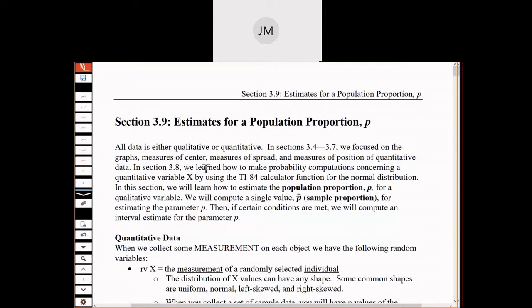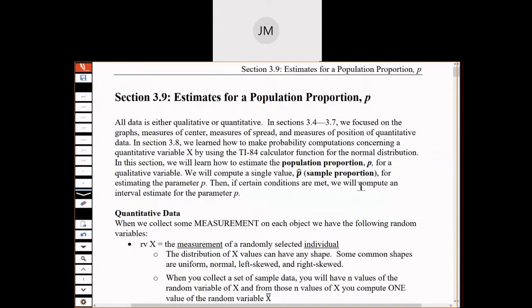And in section 3.8, we were talking about normal distributions. What we're going to do in this section is come back to a non-numeric, qualitative variable. If I think of my non-numeric variable as being something like a yes or no question, or are you going to vote for this candidate or that one, or do you like the color blue, then we can summarize the data with the percentage of people that say yes.